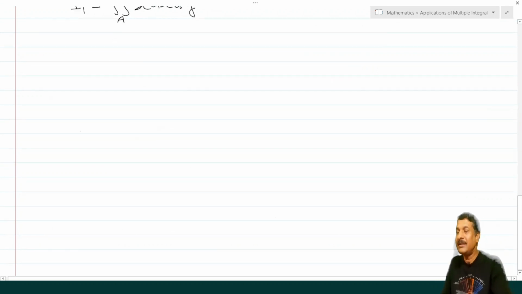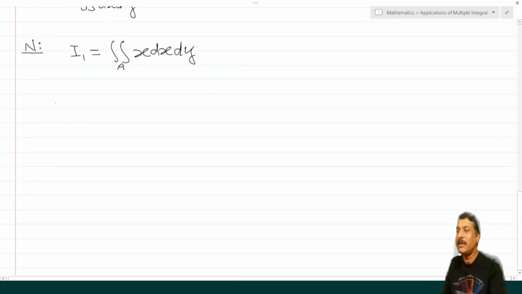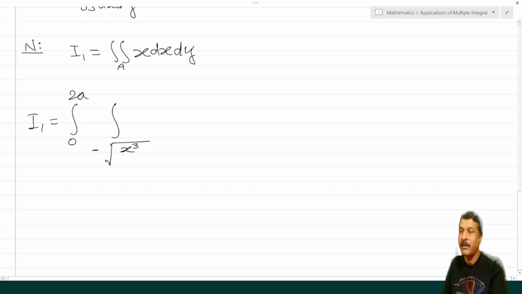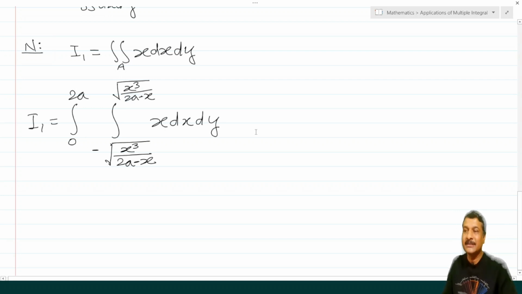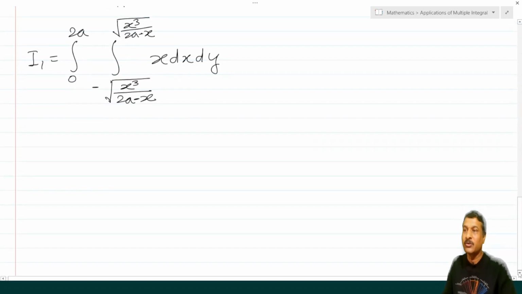Note that. And that is why I am getting I1 equal to integration from 0 to 2a, inner integration from minus under root of x cube upon 2a minus x to plus under root of x cube upon 2a minus x, x dx dy. Inner integral contains y, which means these are the limits of y, so only y is inside.